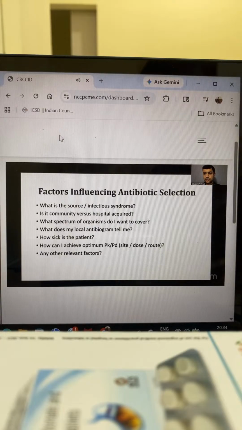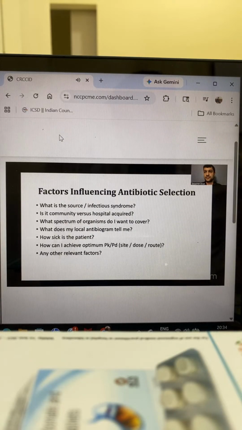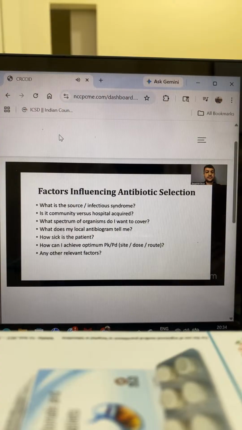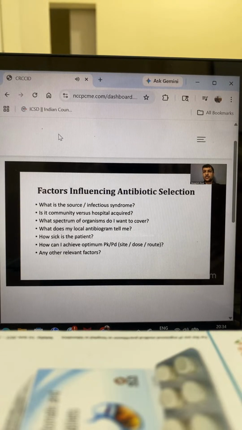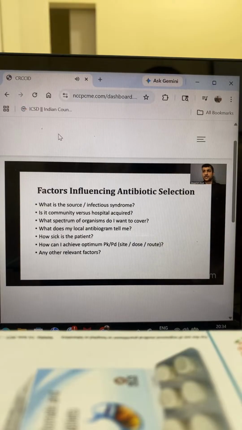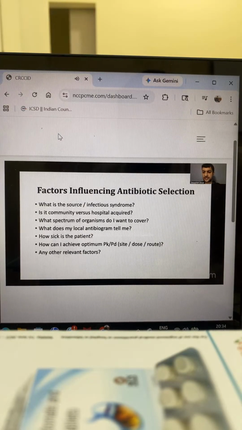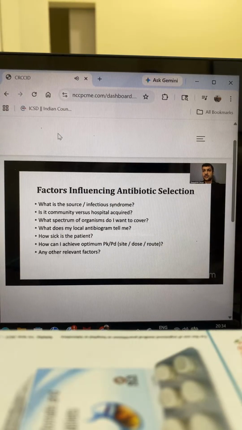On the basis of your answers to the first and second question, you will decide what spectrum of organisms you want to cover with the antibiotics that you will be starting empirically, right? And then you will look at your own local antibiogram, in the sense of what is unique to your particular setting. Are there some organisms which are more common than others?